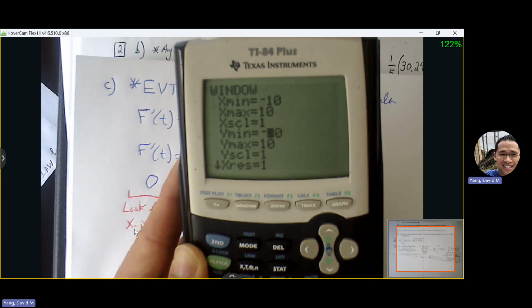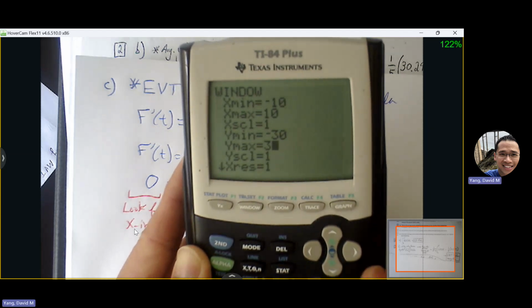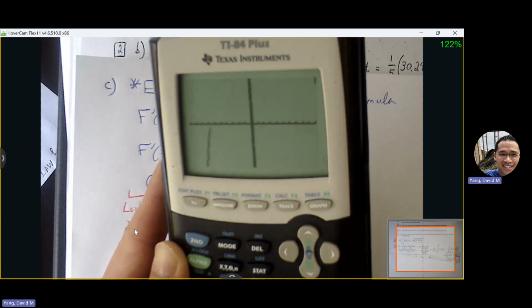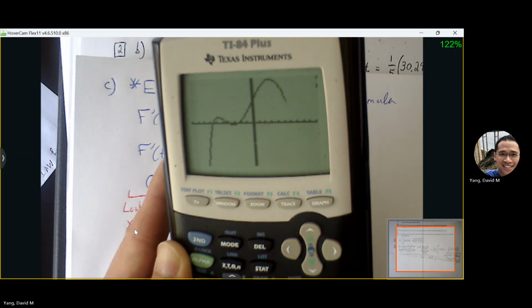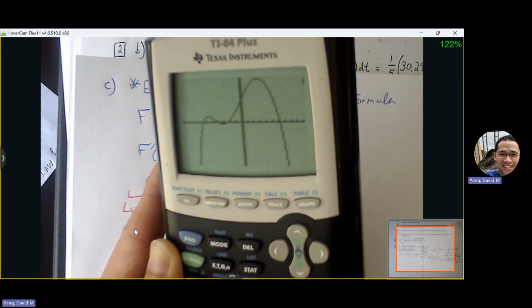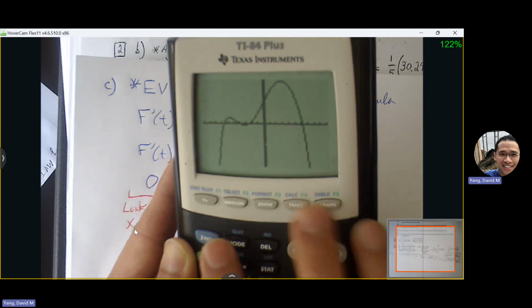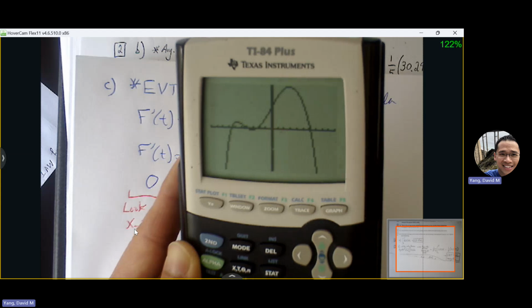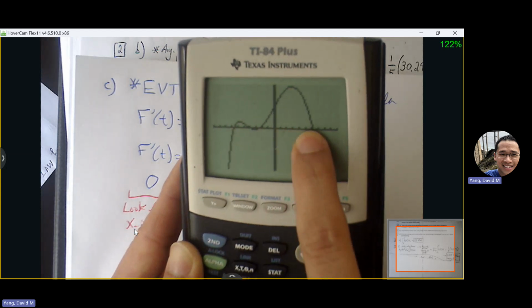So I'm just going to say from -30 to 30, but you're just playing with numbers to get a graph that is easier to read. That's a little better, easier for me to trace if I don't have a line that looks like a vertical line. I know I'm looking for a value between 0 and 8 because that's my domain when t is between 0 and 8. So that's the x-intercept I'm looking for.